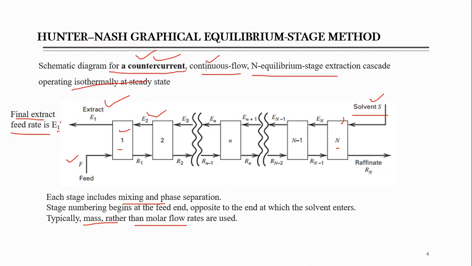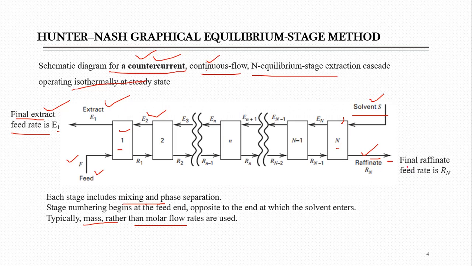Extract is the phase which is rich in the solvent. The feed enters at stage 1 and keeps moving through all these stages, and the raffinate leaves. Raffinate is the stream rich in the carrier, the solvent of the feed, because the feed consists of solute and solvent, and that solvent is usually named the carrier. So raffinate is rich in the main feed solvent or carrier, and it leaves from the Nth stage.